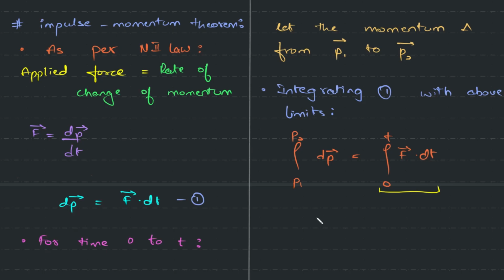This very idea is nothing but your impulse, and this is nothing but p varying from p1 to p2, and therefore impulse is equal to p2 minus p1.